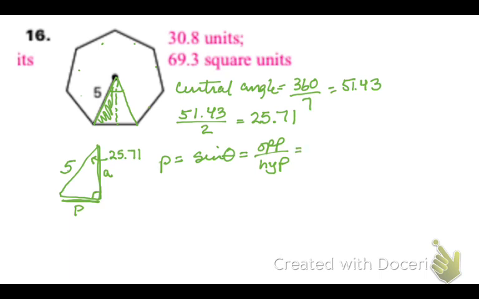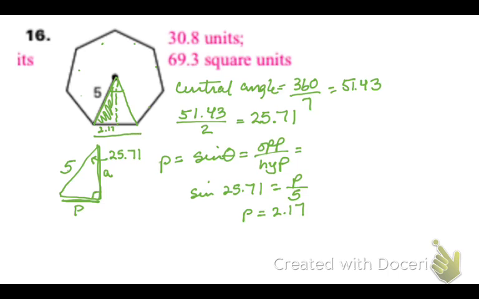So the sine of 25.71 is equal to p, which is the opposite, over the hypotenuse, which is 5. And if you solve for p, you find that p is equal to 2.17. So this little thing right here is equal to 2.17.